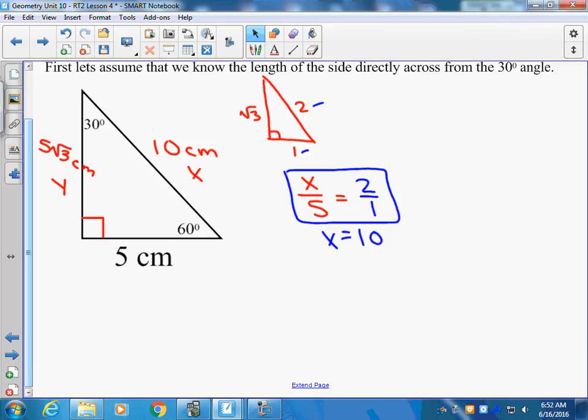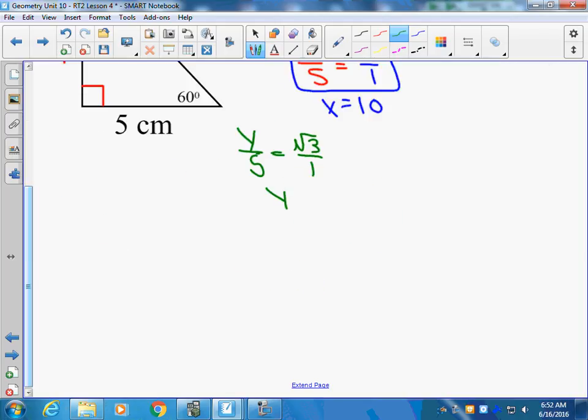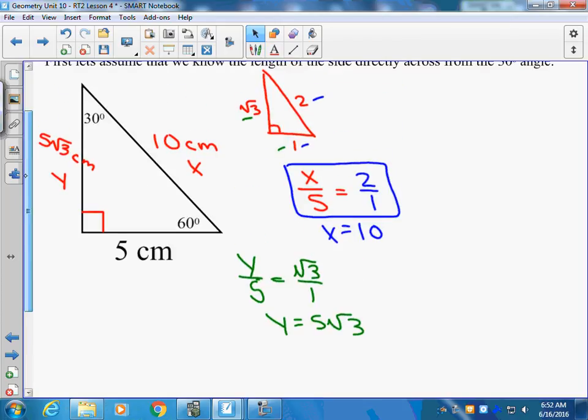Just to show with y. Long leg y over short leg 5 equals, and now I'm going to go back to my reference triangle and set up the same ratio, the same fraction, square root of 3 over 1. And then from there we cross multiply and solve, and we can see that we get the values that we're looking for.